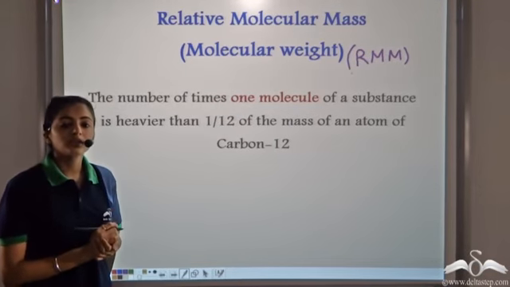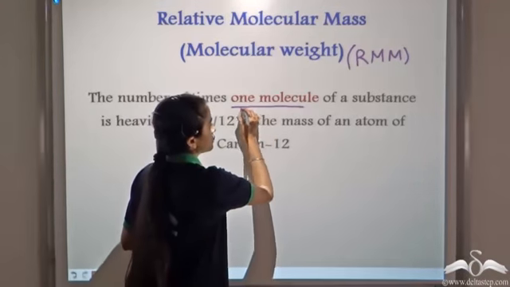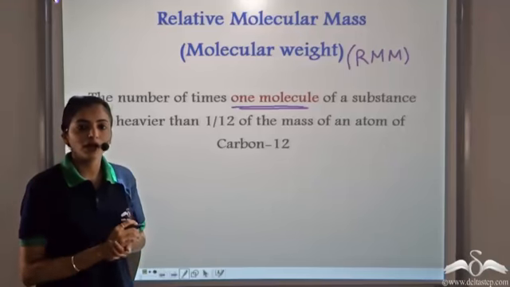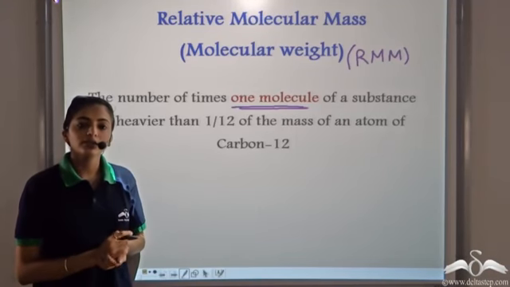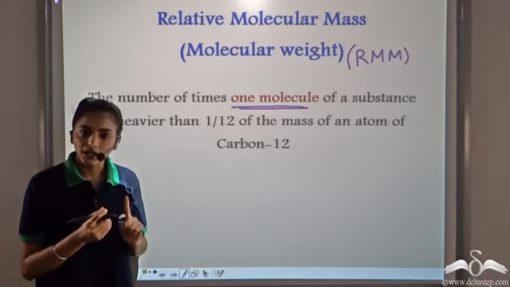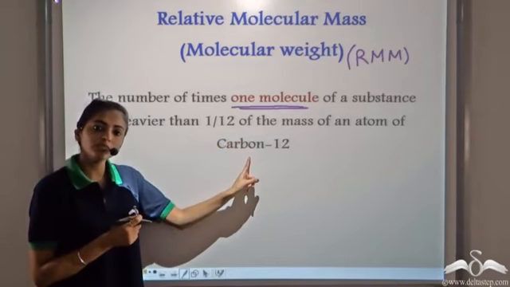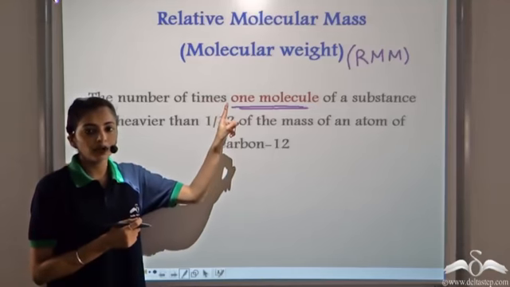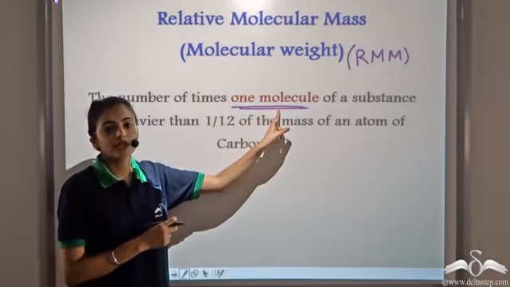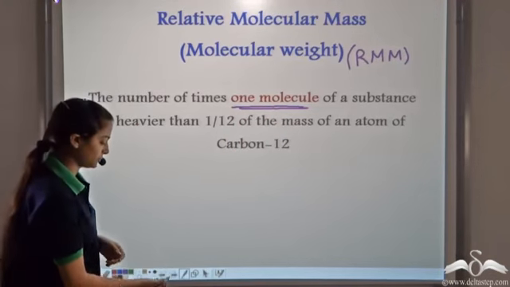This shows the number of times one molecule of a substance is heavier than 1/12 the mass of one carbon-12 atom. So like the relative atomic mass shows the number of times one atom of an element is heavier than 1/12 the mass of carbon-12 atom, the relative molecular mass shows the number of times one molecule of the substance is heavier than 1/12 the mass of one carbon-12 atom.